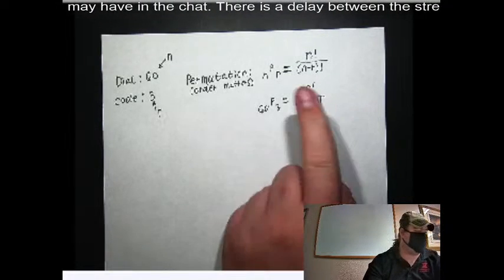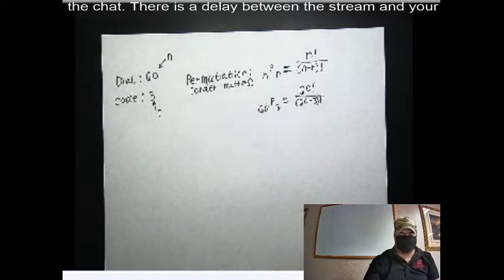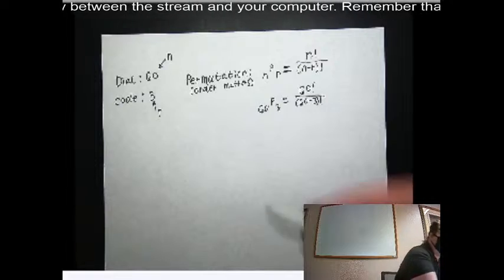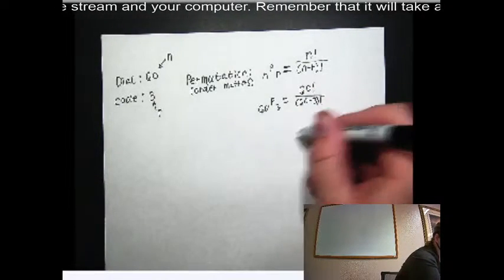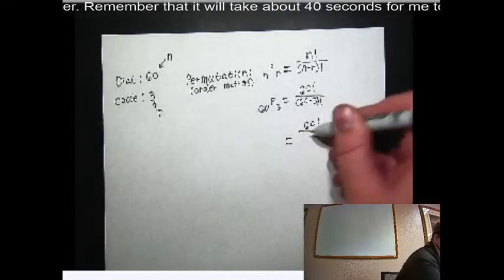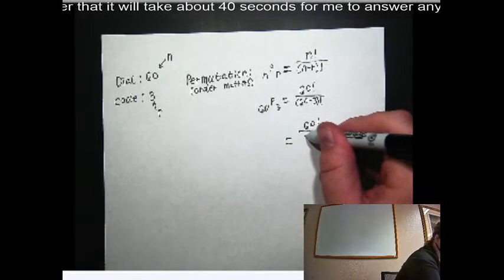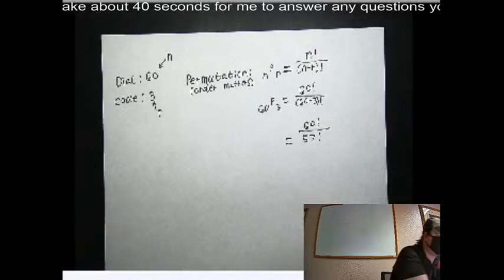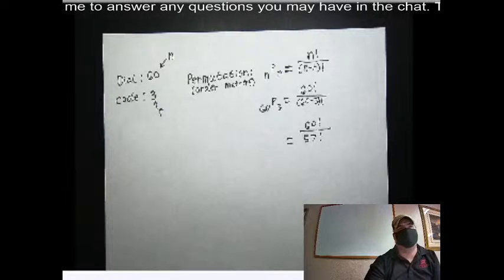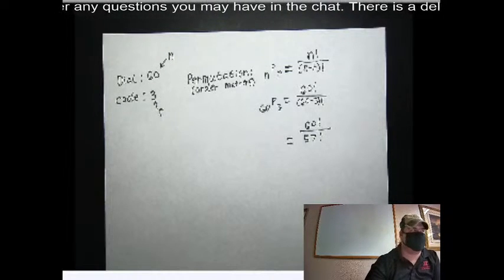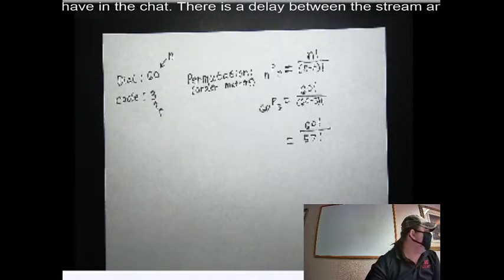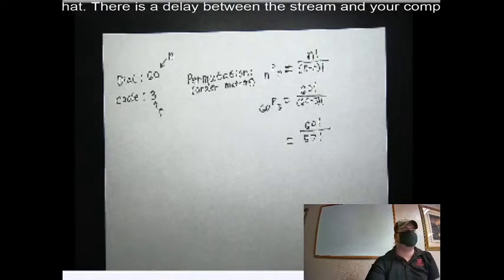Well, first things first, we need to do 60 minus 3. So 60 minus 3 is 57. So now we have 60 factorial over 57 factorial. And, well, now we'd have to do 1 times 2 times 3 times 4 times 5 times 6 all the way up to 60, and then do that again for 57. That seems kind of hard. Let's find a shortcut.